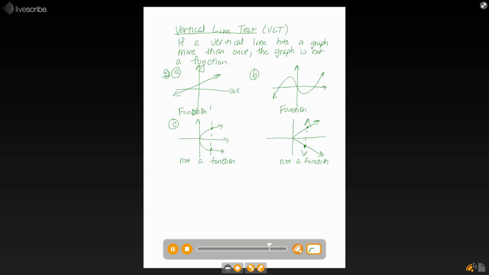Okay. So now, naming functions. If a correspondence is a function, then we sometimes use the notation f of x. This is read f of x.